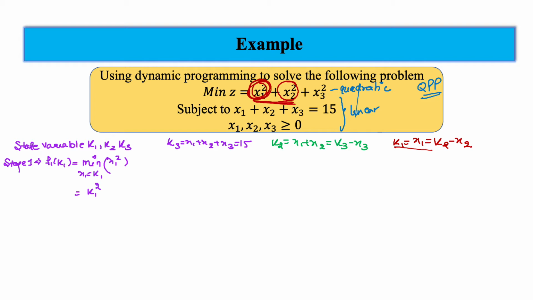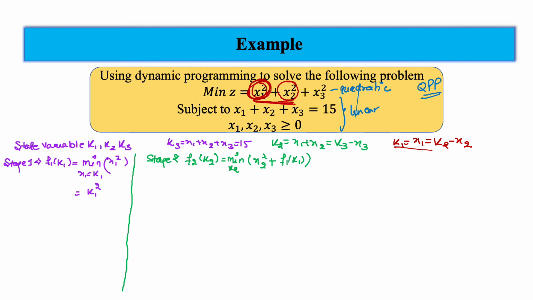Now in stage 2 we take f2 k2, and f2 k2 is minimization of x2 square plus whatever we obtained from previous stage. So in previous stage it was f1 k1. We have to minimize over x2.